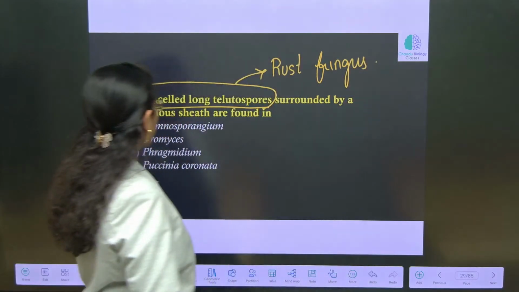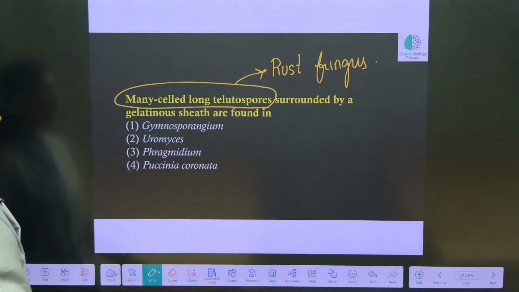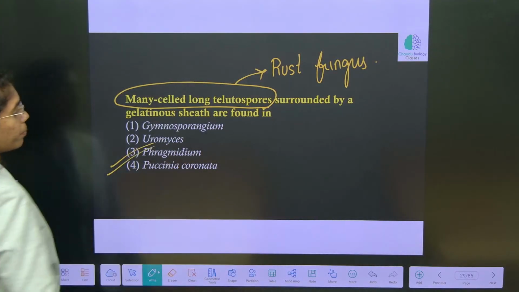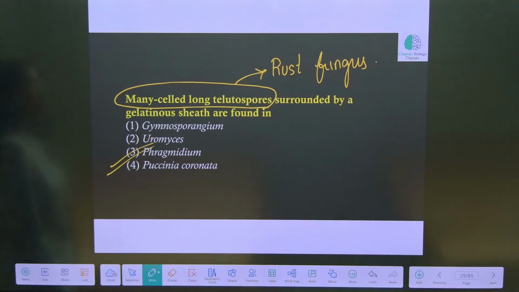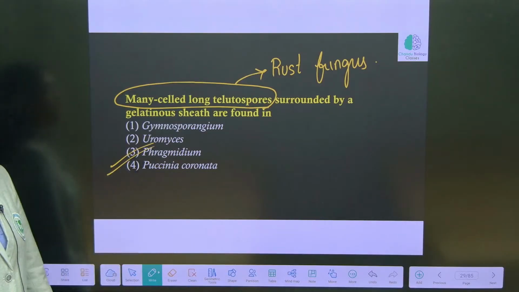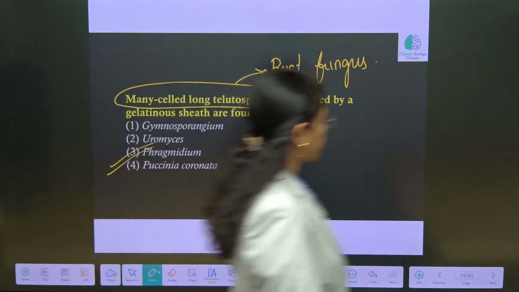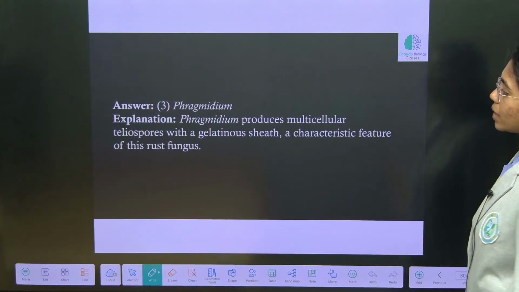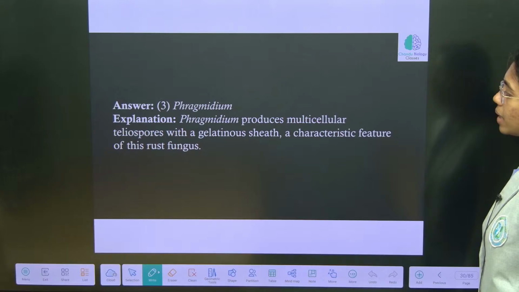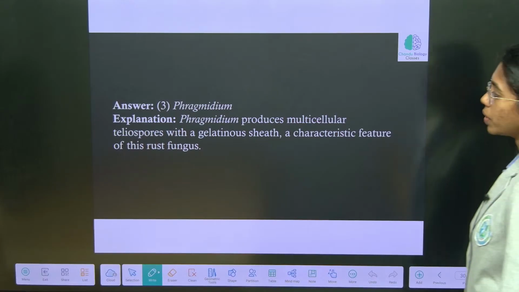Fine. And from amongst the options given here, the answer will be Phragmidium, that produces many celled teliospores which are surrounded by gelatinous sheath. Fine. We can go with the answer. It produces multicellular teliospores with gelatinous sheath.